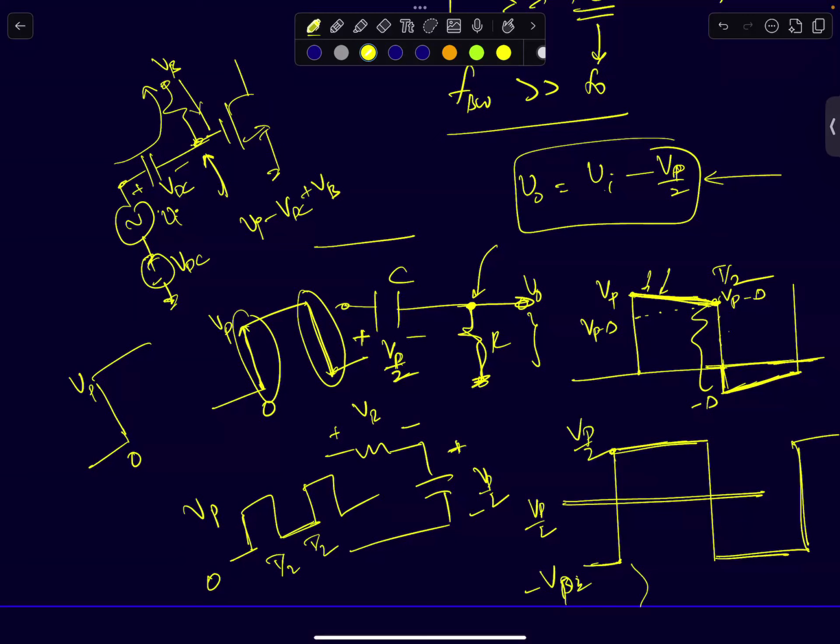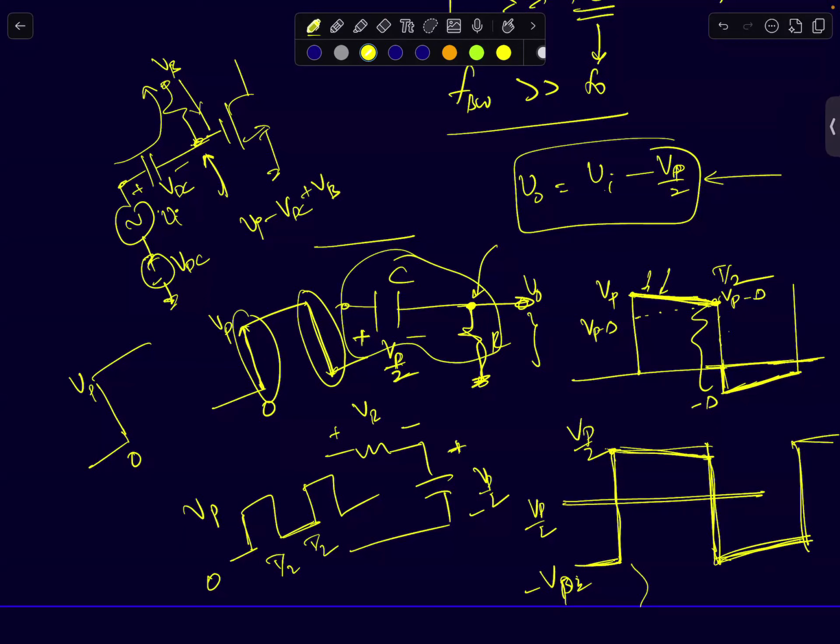It will look like a near square wave. Ideally, there will be some very small variation like this, but we don't worry about it. Whenever you see a waveform like this, you have AC coupled the circuit. This is what we call AC coupling.